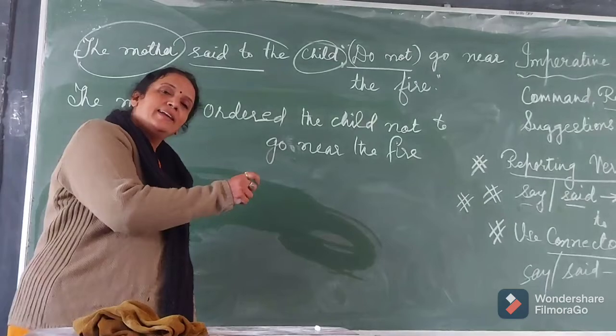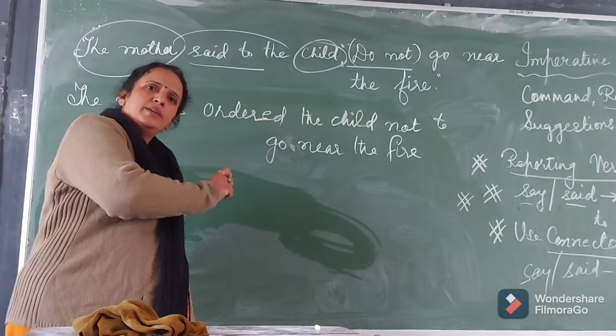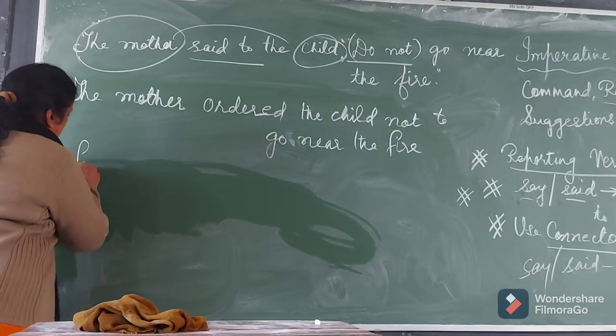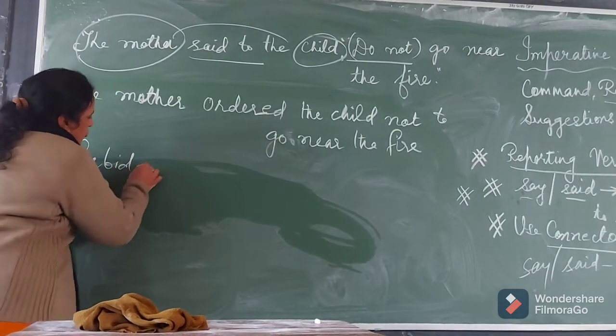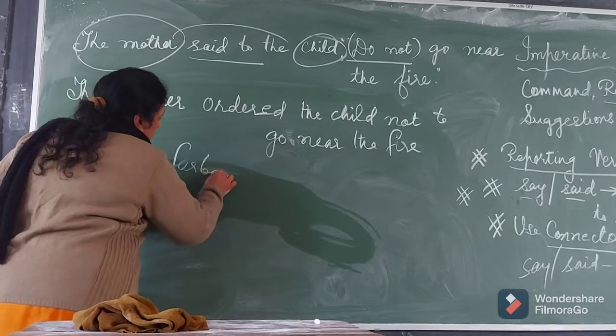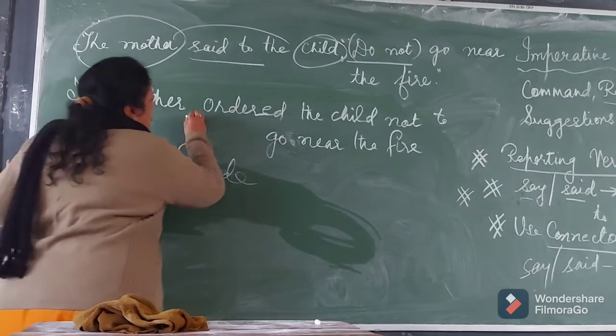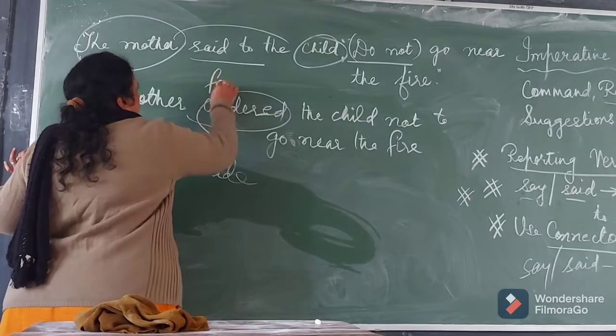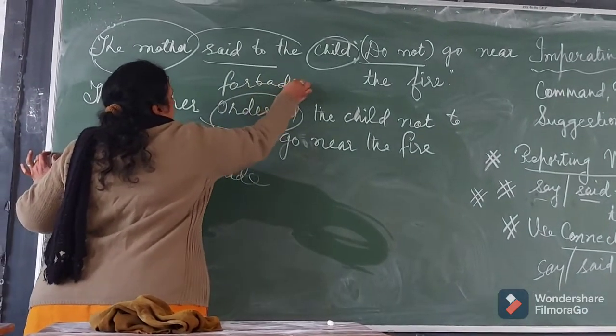So you can directly pick the word forbid in the reporting verb. Forbid's second form is forbade. So you have to replace this ordered with forbade.